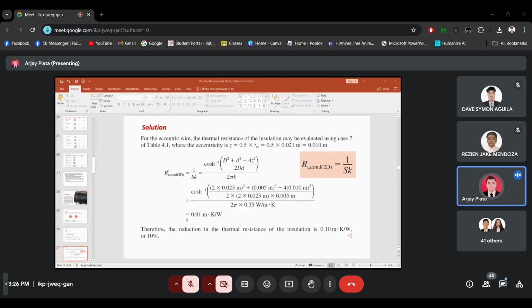So that's our solution. We use the formula for the S factor for K7 for eccentric cylinders.